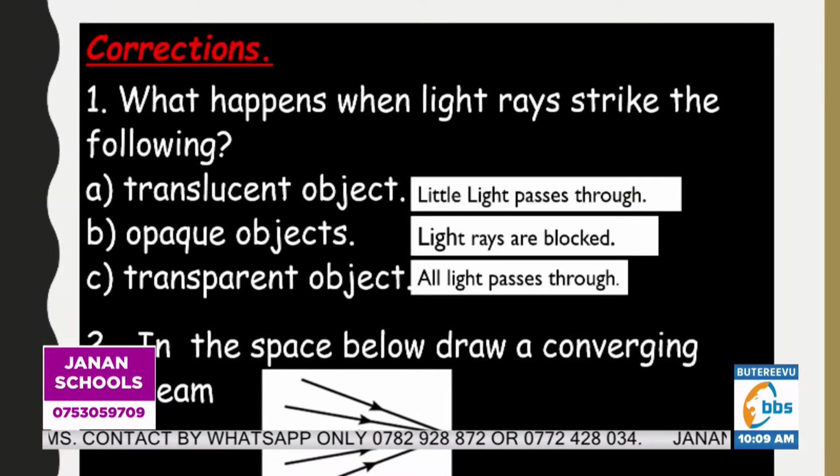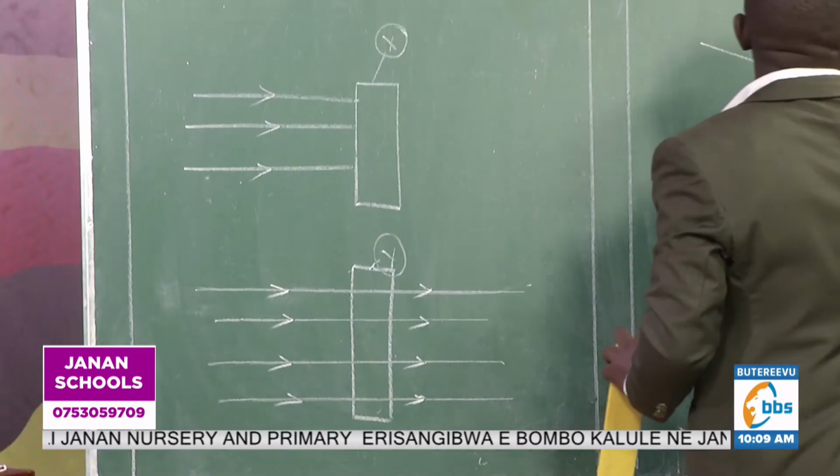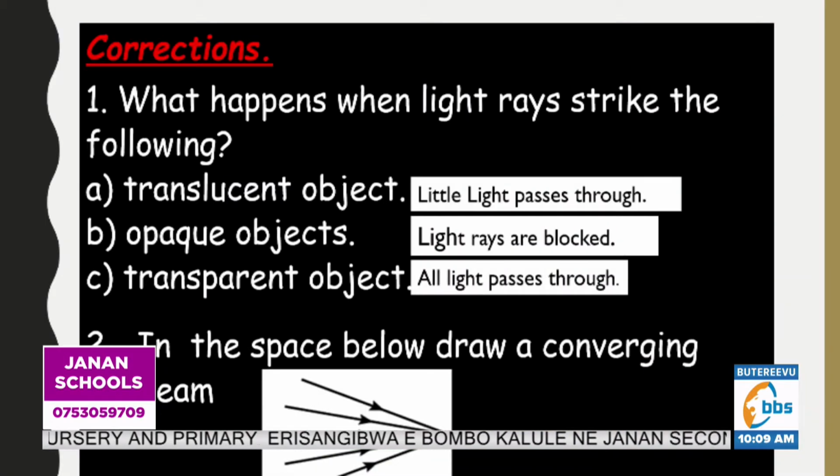And number 2, they are saying in the space below, draw a converging beam, or a convergent beam. The illustration is there on the board. The light rays come from the source and meet at one point.